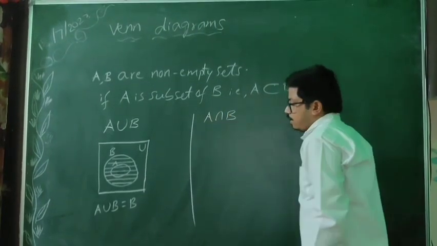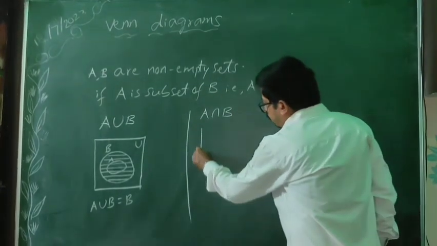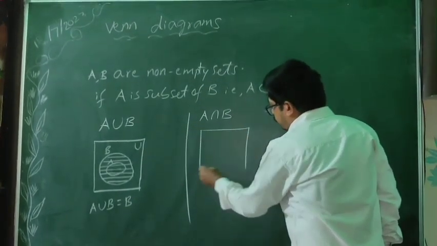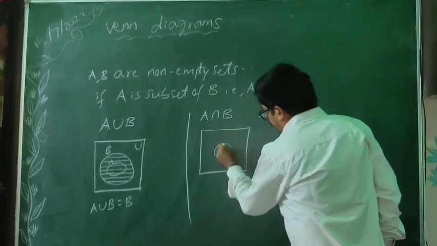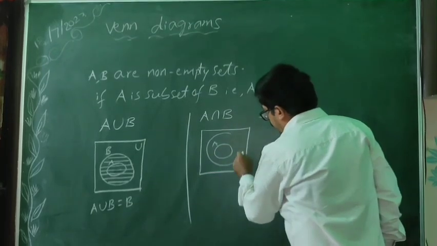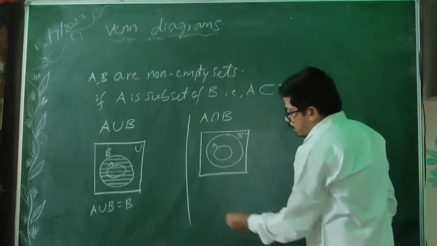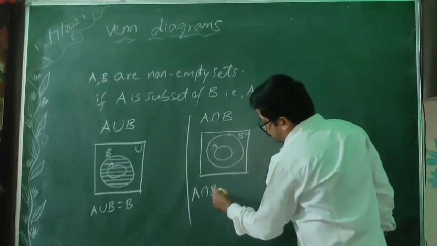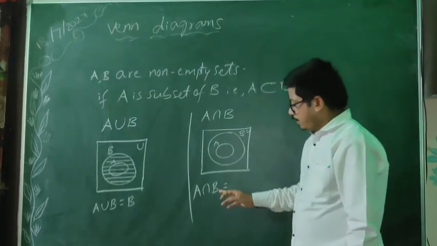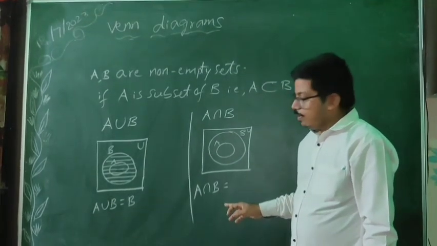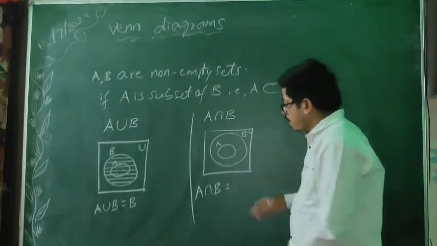Now if I have to show or find A intersection B, we already know that A is a subset of B. So A, B, and universal set U. I have to show A intersection B. A intersection B is the set comprising the common elements of both A and B, and the set having common elements is A itself.